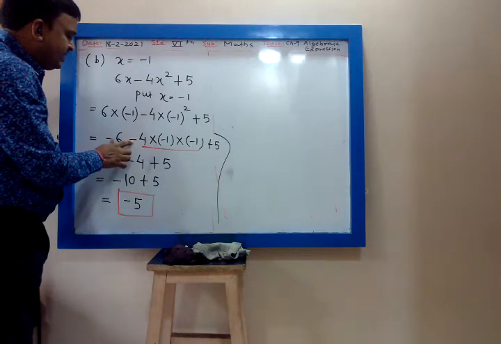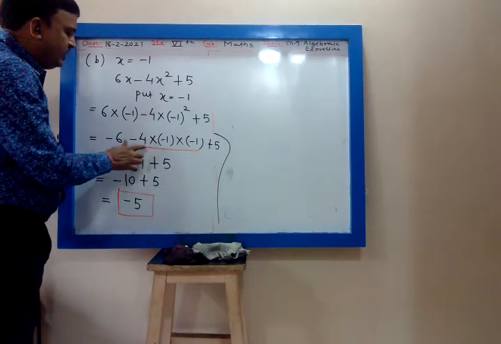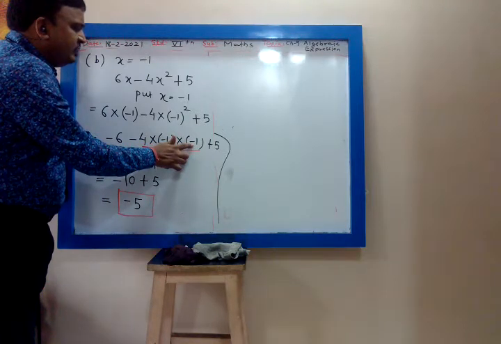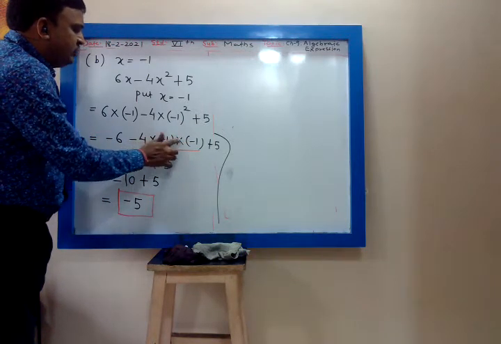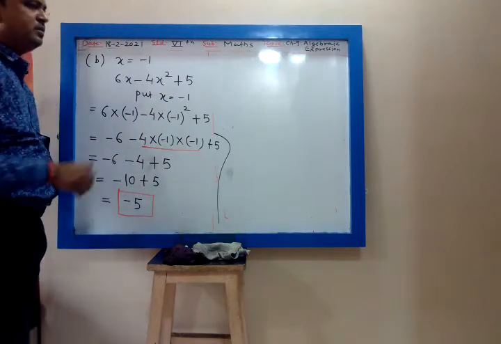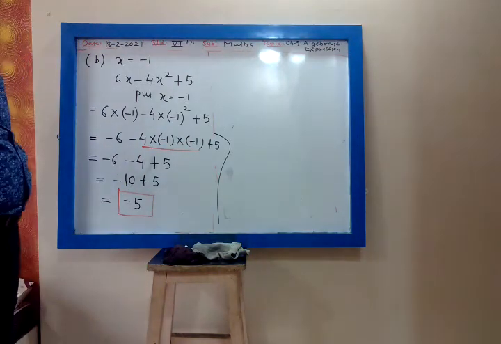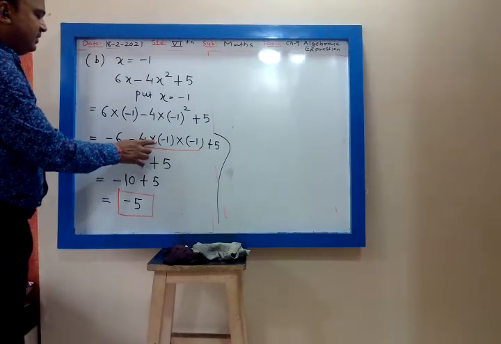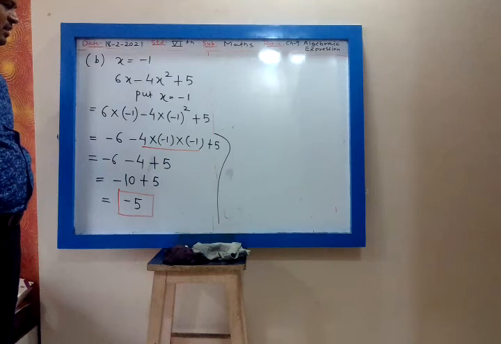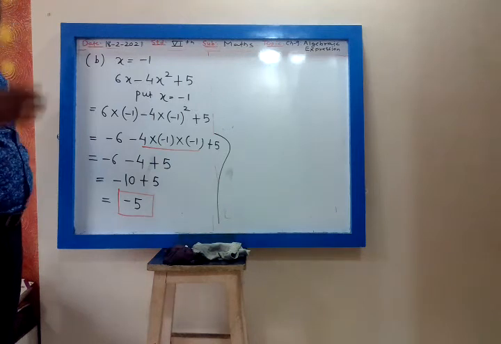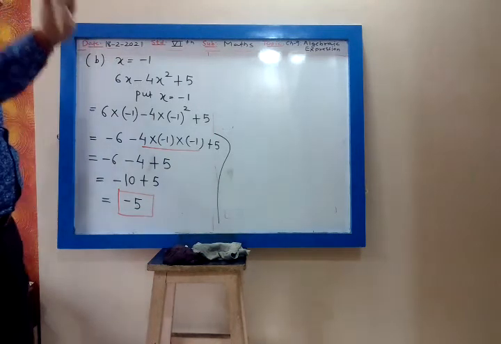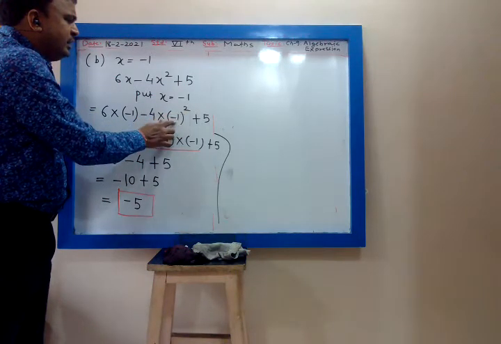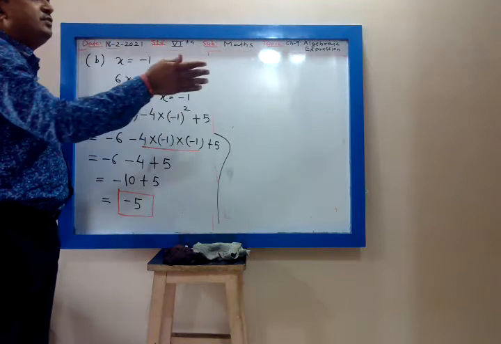Minus sign we write as it is. Then what is minus into minus? Minus into minus plus. So 4 into 1, 4. So answer is minus 4. It is minus 1 power 2. Minus 1 power 2 means you have to multiply minus 1 two times.